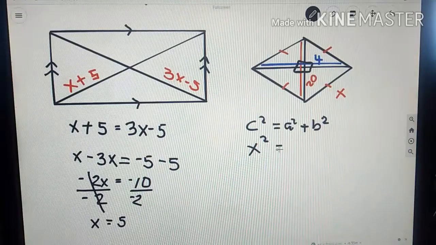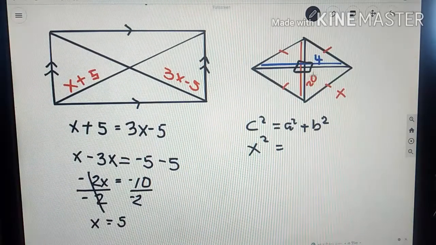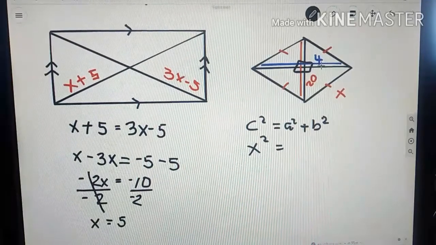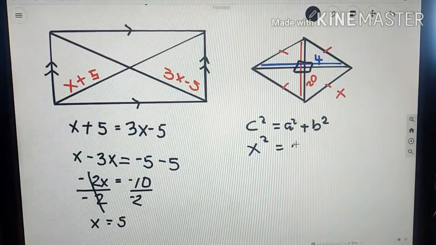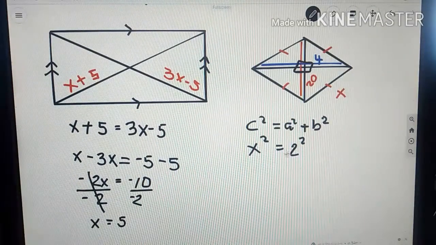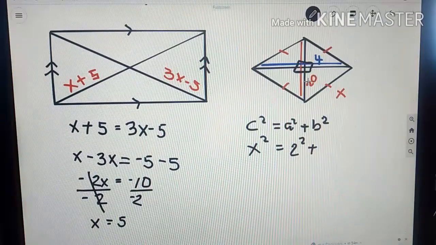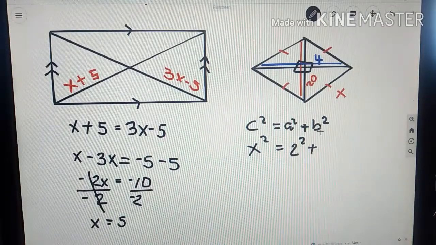Okay, our shortest leg. This one, half of 4 is 2. Will be 2 squared. And then our b, half of 20 is 10 squared.